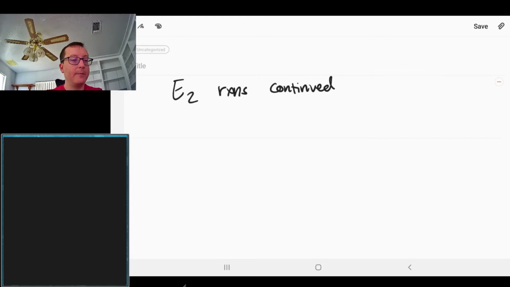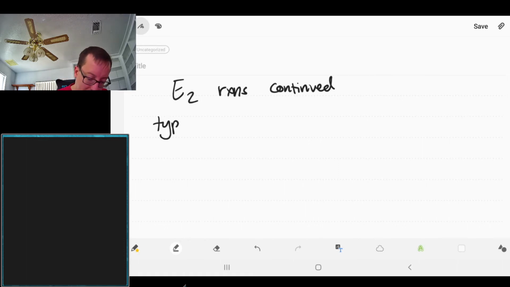And typically, if we're going to want a Hofmann product, which is just typically what E2 reactions are used for, you want a bulky base. You can get the Zaitsev product if you use a smaller base, but often you'll get a mixture of products. So because we like to control things, usually E2 reactions are better suited for bulkier bases to force us to get that Hofmann product.